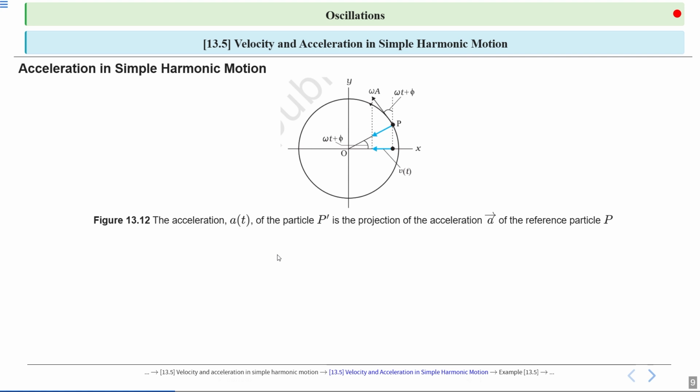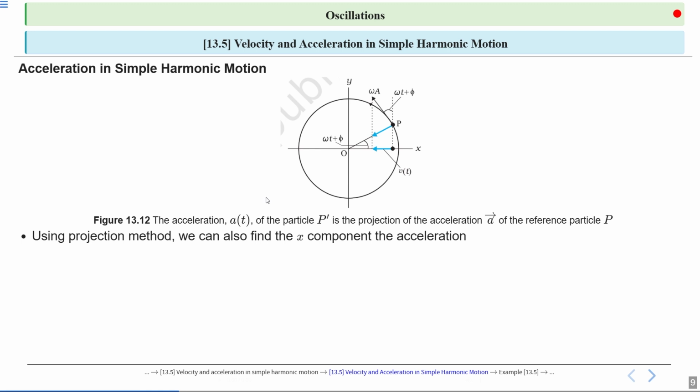Acceleration in simple harmonic motion. Alright, so the figure 13.12 shows a particle moving in a circle, and we are interested in how its acceleration projects onto the x-axis. So using projection method, we can also find x component of the acceleration.